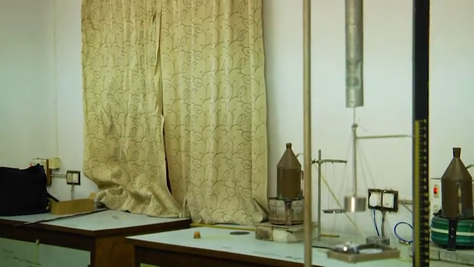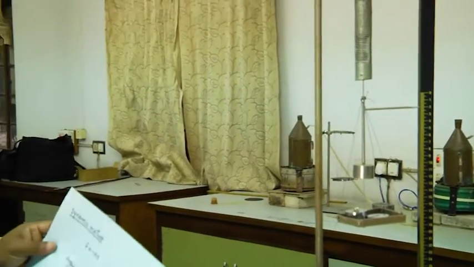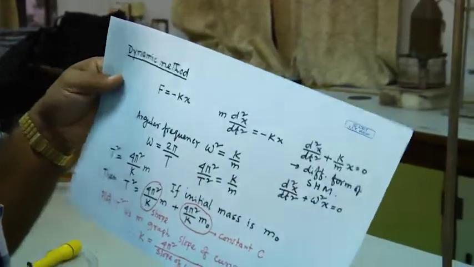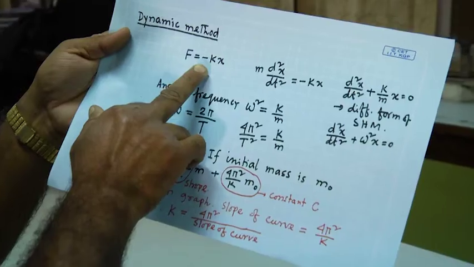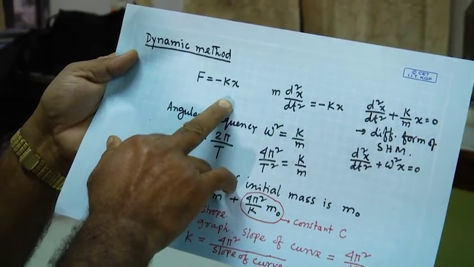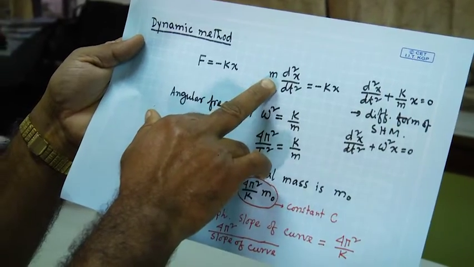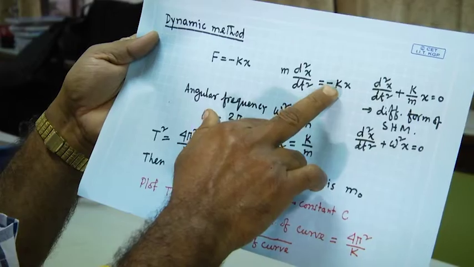Now, there is another method, which generally in our lab we prefer for this experiment, that is the dynamic method. So, what is that method? Basically F equal to minus k x, that we know. Now, F is m into acceleration, means d2x by dt square equal to minus k x.